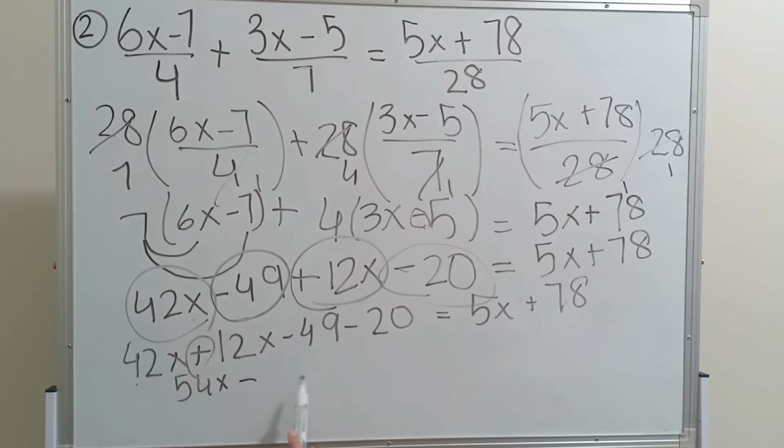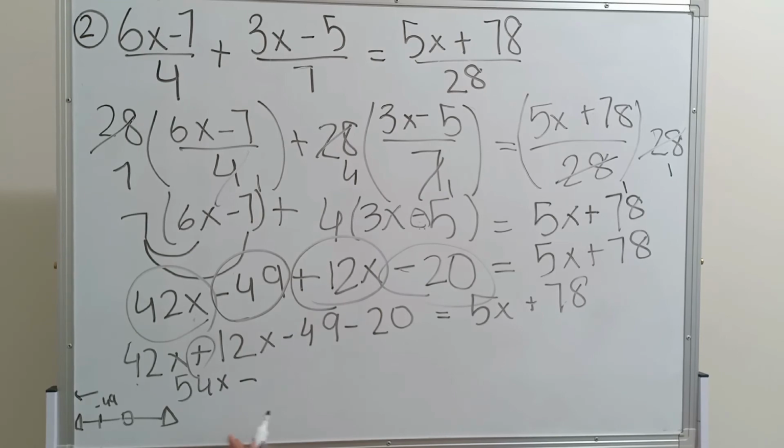Subtract negative 49, subtract 20 is basically like negative. So let's make a little model here for number line. This is 0 and this is negative 49. Subtract means we're going here 20 digits, which meaning 49 plus 20, which is 69.